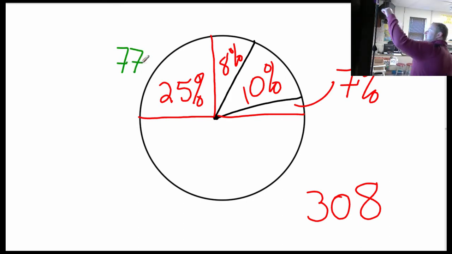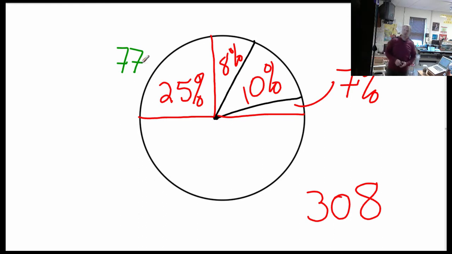Then how would we find the 8, the 10, and the 7%? Yeah, Grace. You could do the 10% of 308, or the way that you do like the 308 over something equals. We could do that. Yup. So she's saying make a proportion.